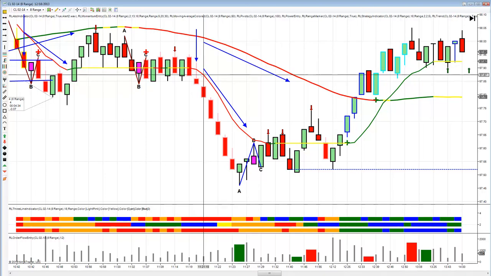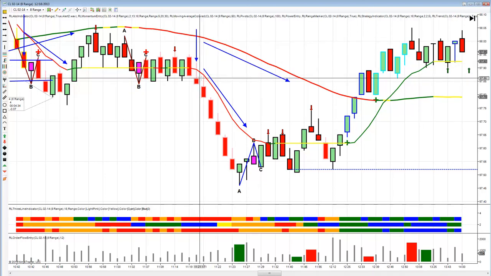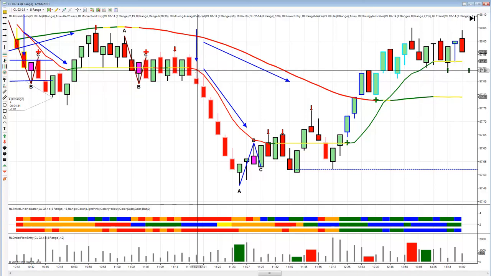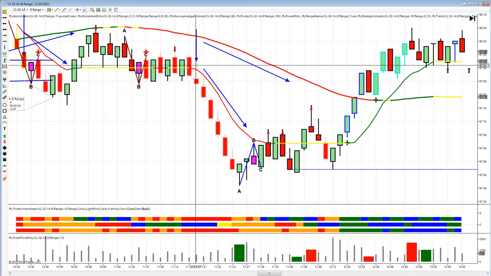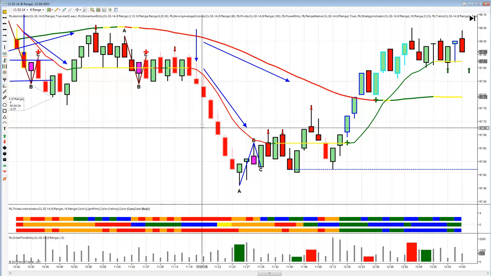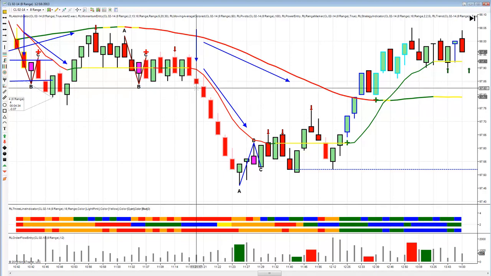The structural setup is a little bit different, but the principle is the same. You're breaking, in this case, support, and the market is now in free fall on tremendous negative sentiment. Both order flow and momentum are to the downside.